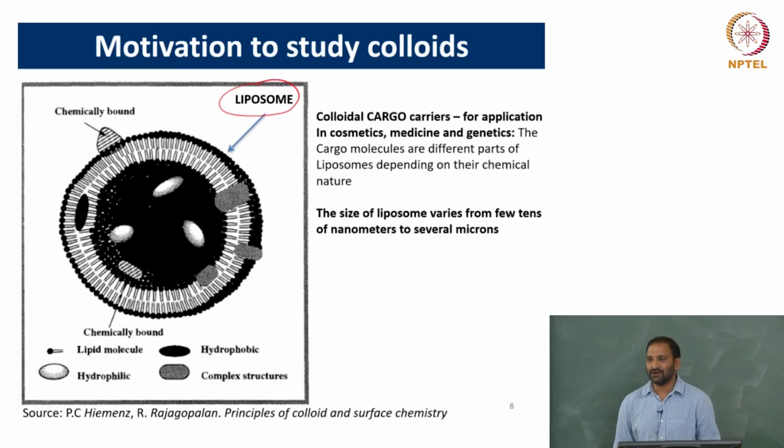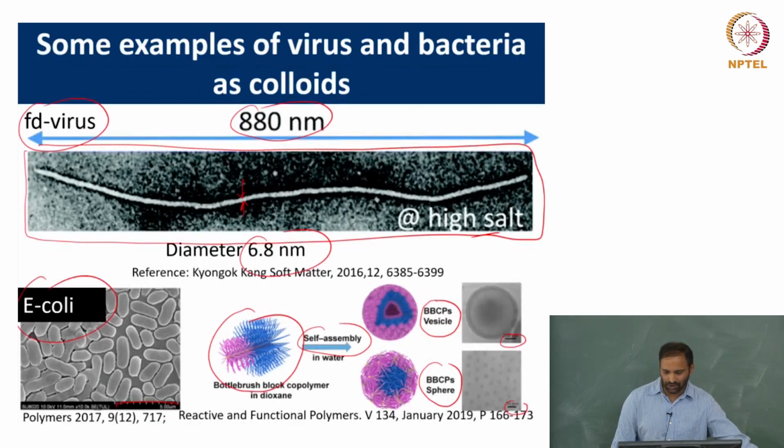I do not know how many of you have heard this term. Lipo means lipid. This is a spherical structure. It looks like a sphere. Again, an example was shown here. This is an example of a structure very similar to a liposome, but it is made by polymer. Therefore, it is called a polymersome.